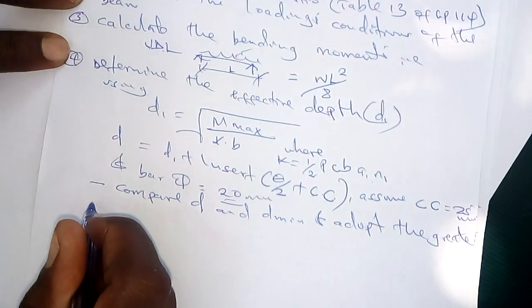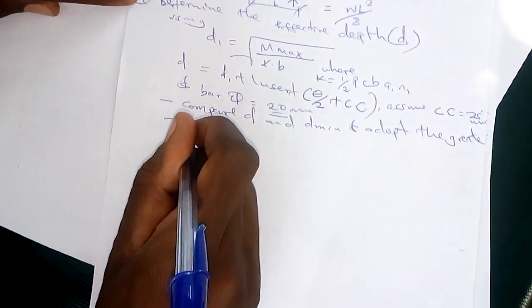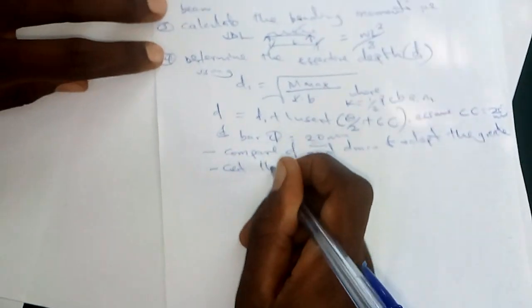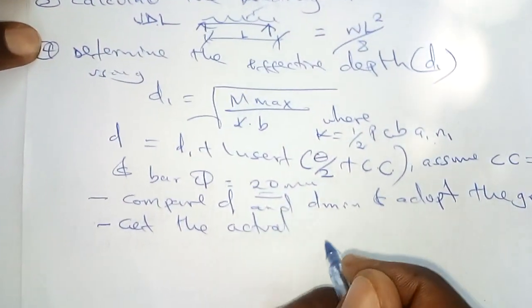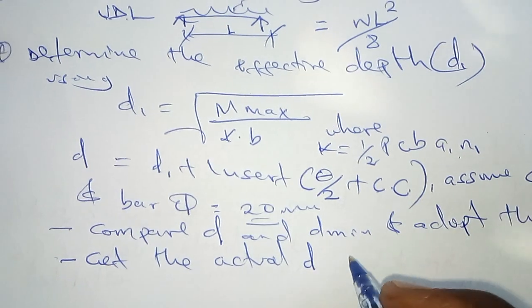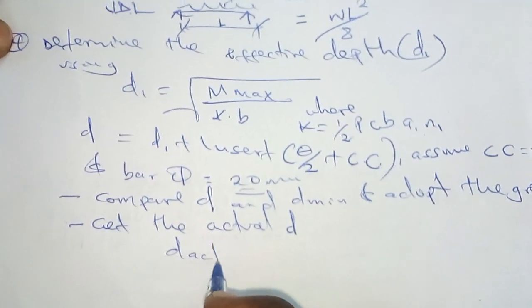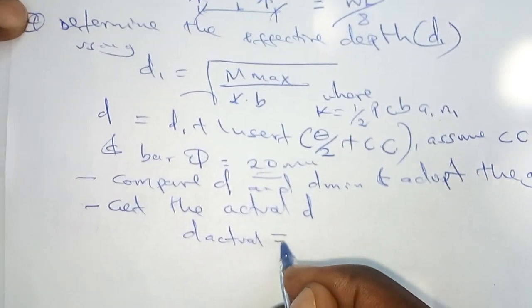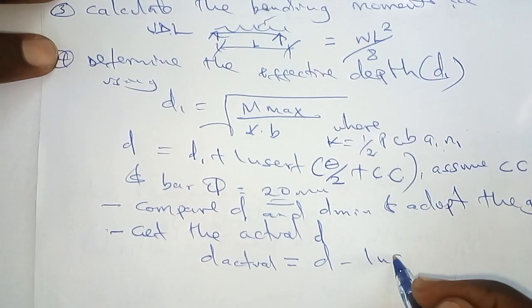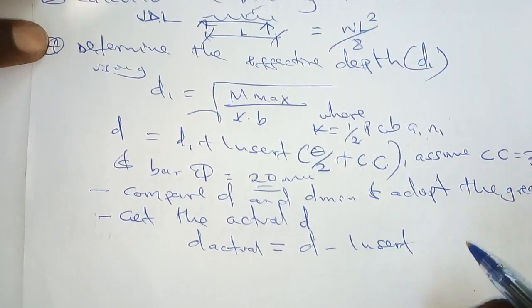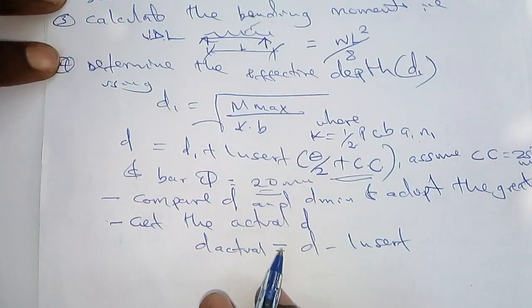Then you will get the actual D, and the D actual is from the formula D minus insert, and you know the insert here is this one.